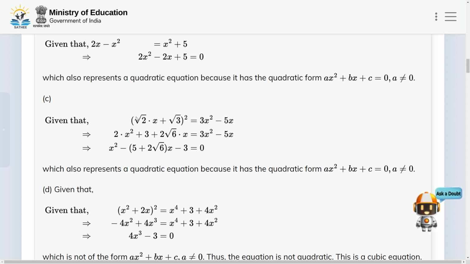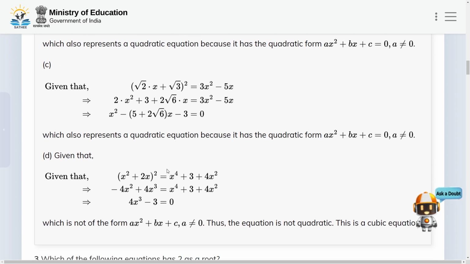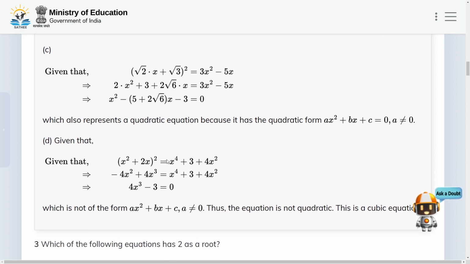In option D we have (x² + 2x)² = x⁴ + 3 + 4x².